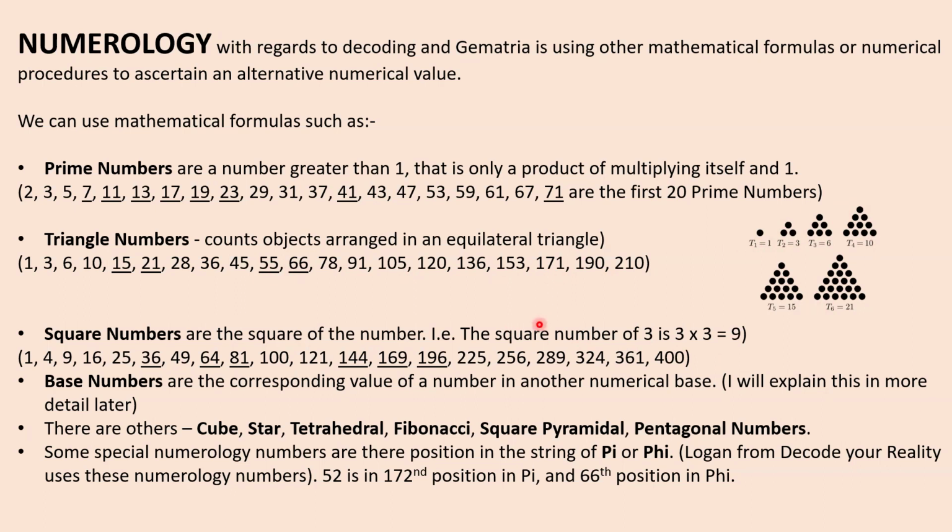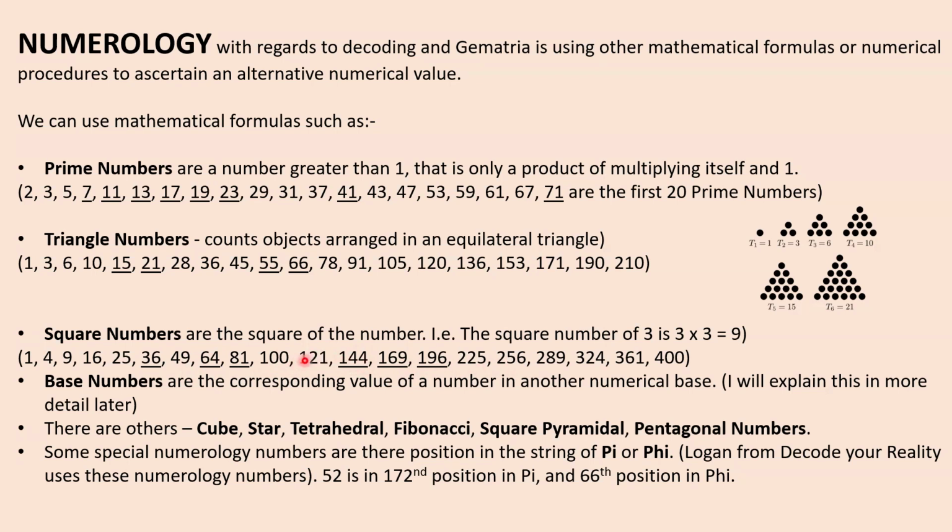So the square of 3 is 3 times 3 equals 9. So here's the first 20 square numbers. Again, underlining interesting numbers I've covered in previous videos.